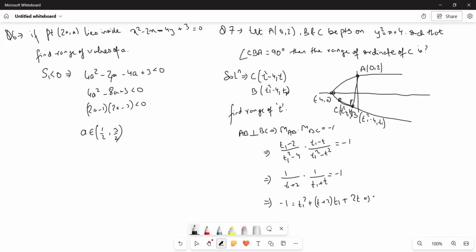So this converts to a quadratic in the form t1² + (t + 2)t1 + 2t − 1 = 0. This is the quadratic in t1. Does everyone follow till here? Yes, sir.